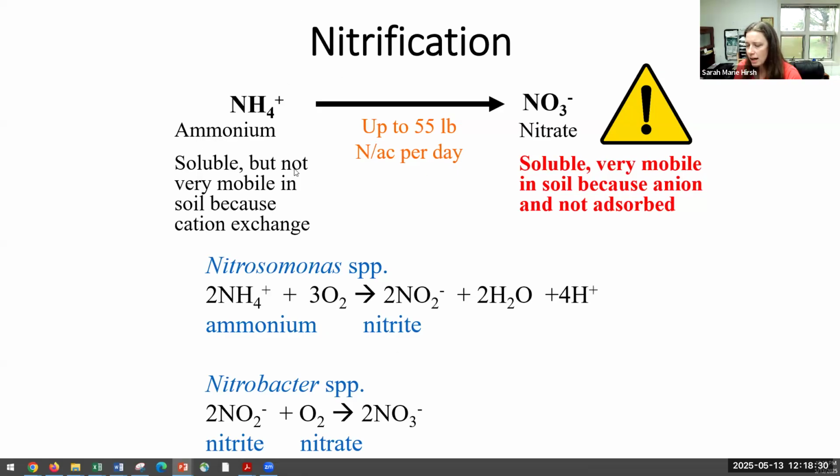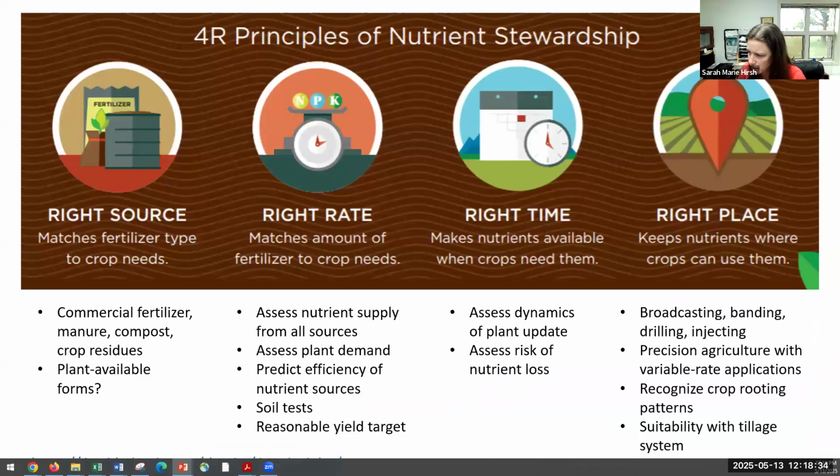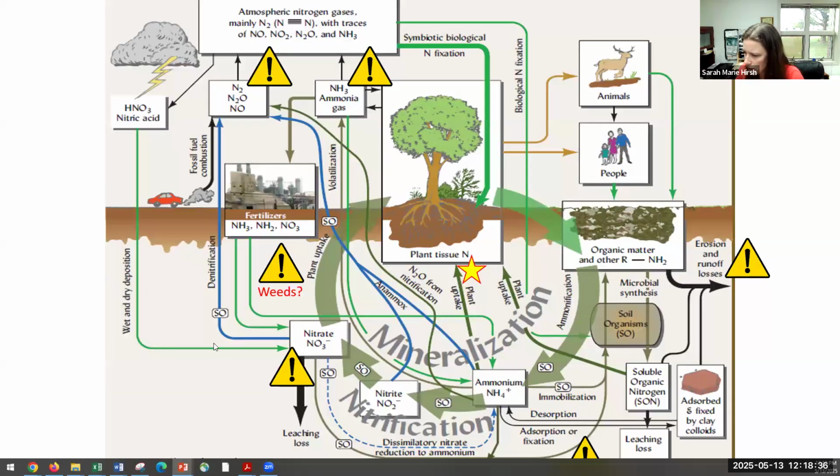So then the next thing I wanted to talk about, let me just back up and review for a second. We've talked about the importance of timing to prevent the nitrate from being lost through leaching. And then we just talked about ways you could prevent the ammonium form of nitrogen from being lost through volatilization.